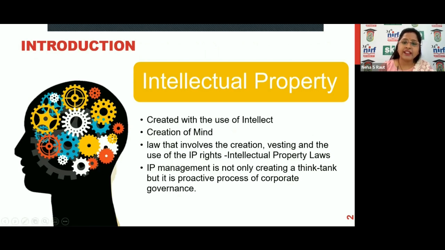So IP management is not only creating think tanks, because you are ultimately converting your ideas into creative things with industrial utility, which is a proactive process for corporate governance, as it gives economic significance to the country.